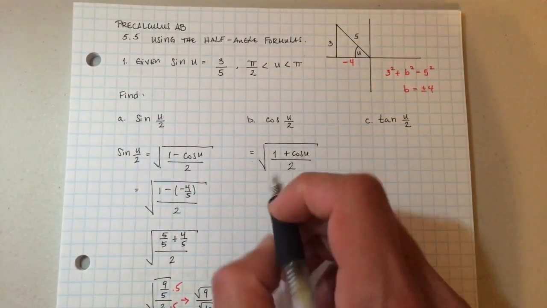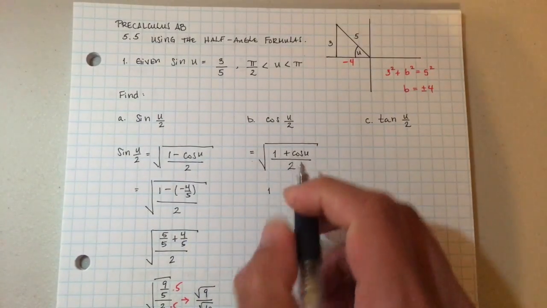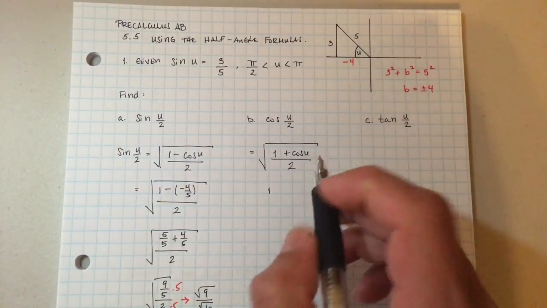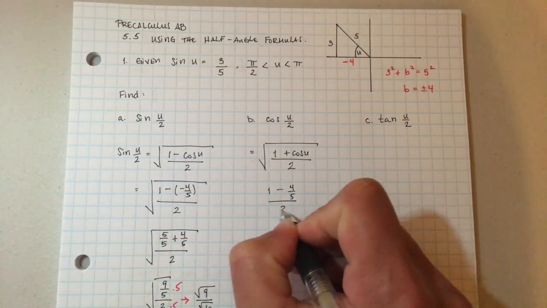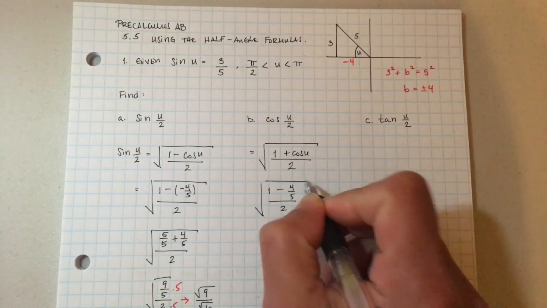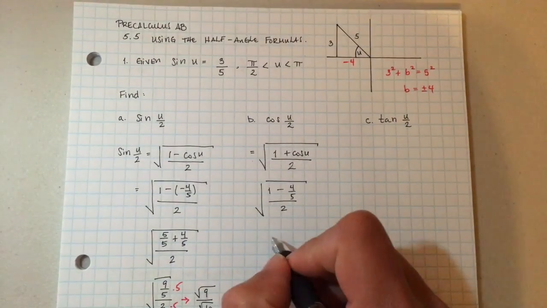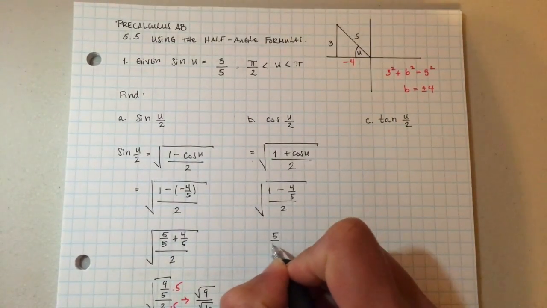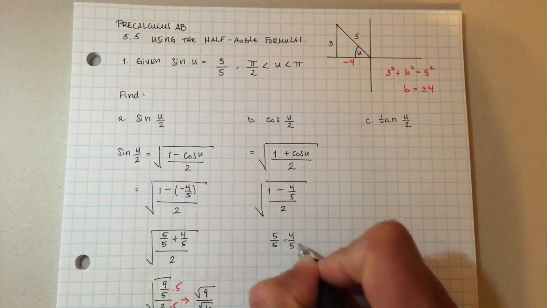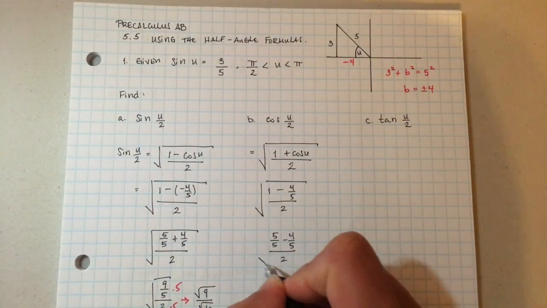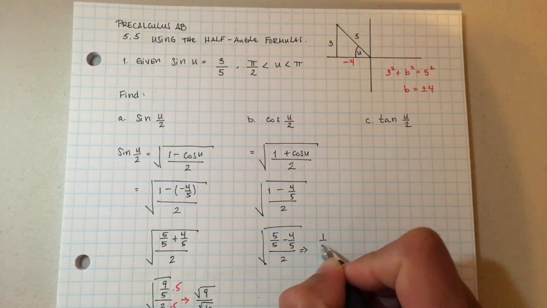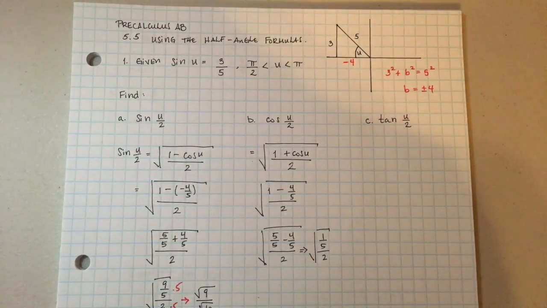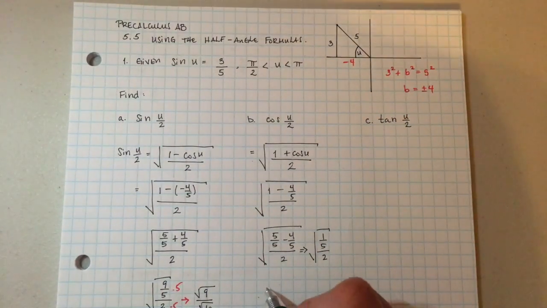I do the same thing here, 1, and the cosine of u is adjacent over hypotenuse, so that'll be minus 4/5, over 2 right here. Keep going, so this becomes 5/5 minus 4/5, and that's nice because that becomes 1/5. On the bottom we have the 2. And we just go ahead and continue.